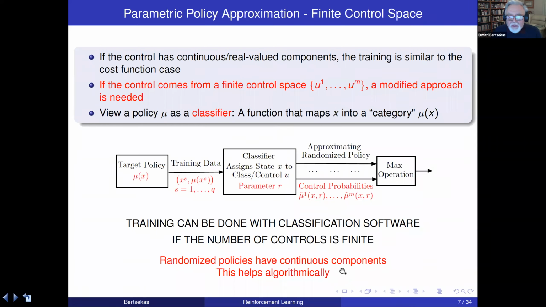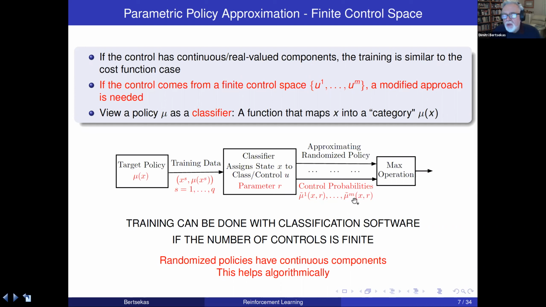Let me also mention that there is a reason why classifiers produce probability distributions, and this has to do with algorithms. There are algorithms that deal better with continuous outputs rather than discrete outputs.